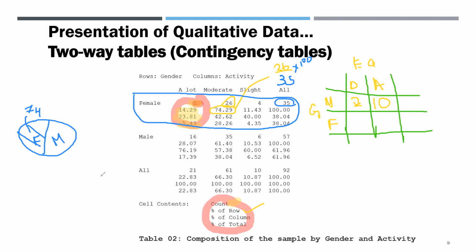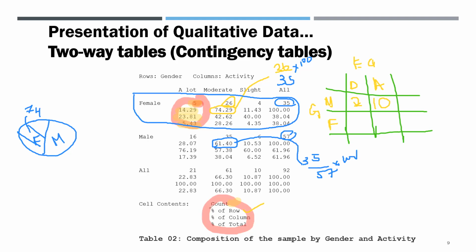Females again 74ක් activity level එක moderate. Similarly, you can interpret this 61.4. This percentage is calculated as 35 upon, here the total is 57, into 100. So that is 61.40. So this is how you can calculate the row percentages.